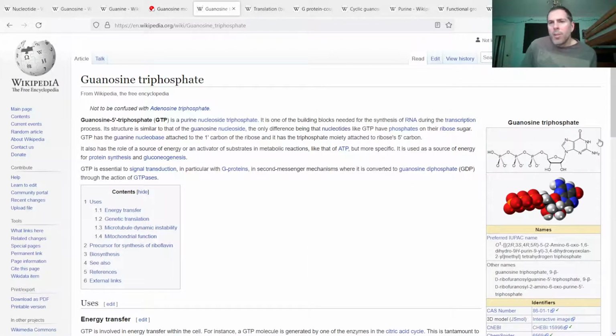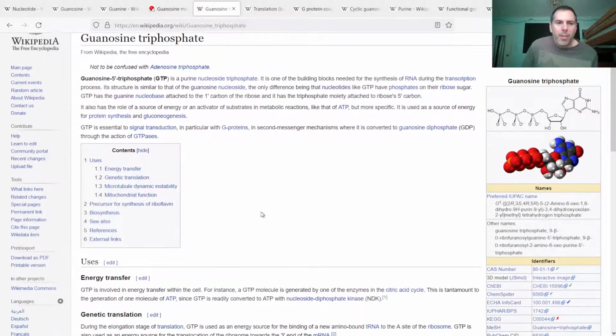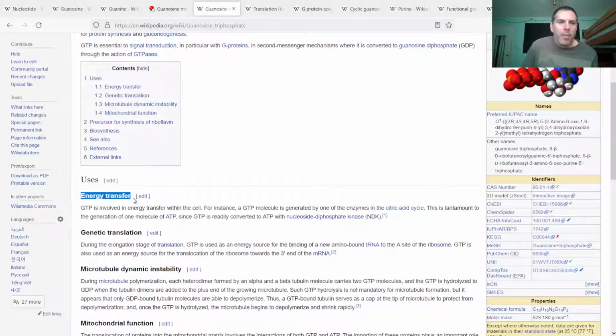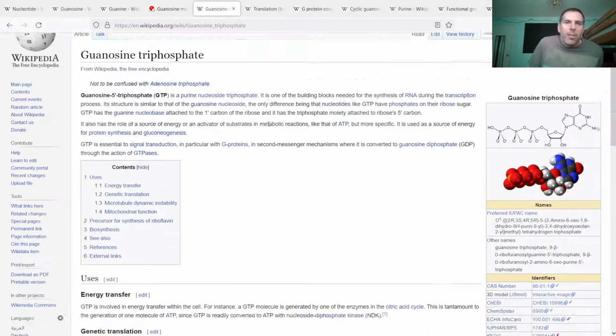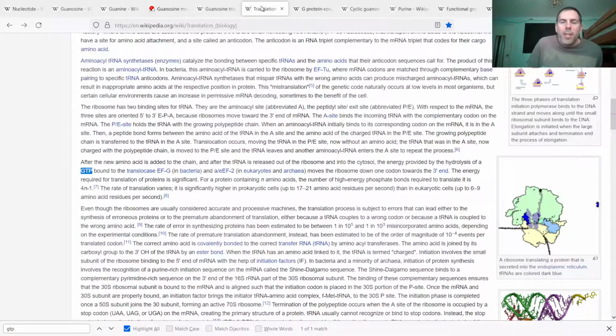So guanosine triphosphate is used in metabolism. It's energy storage, and it's part of energy transfer in the cell, regardless of DNA and RNA and data storage, genetic information.